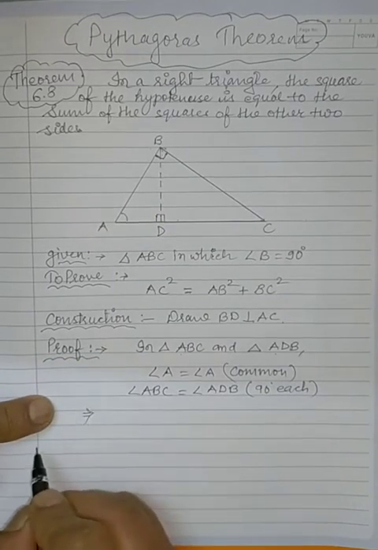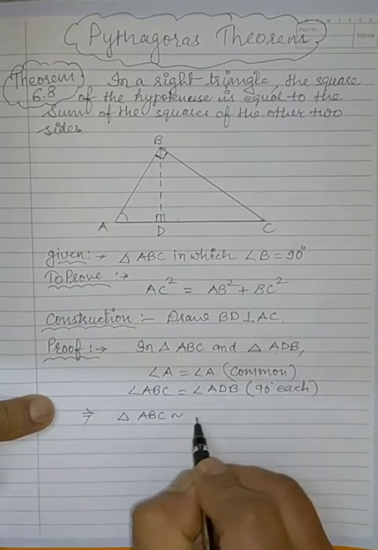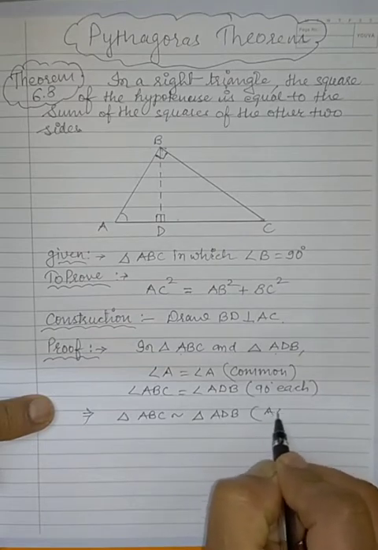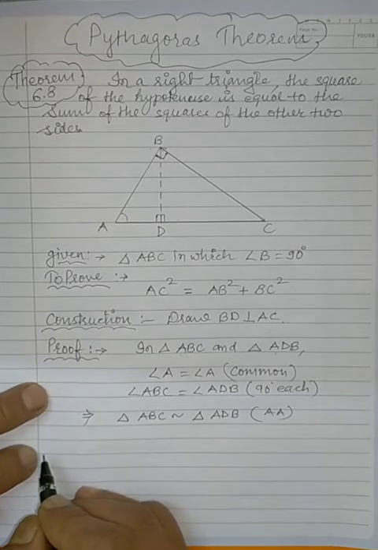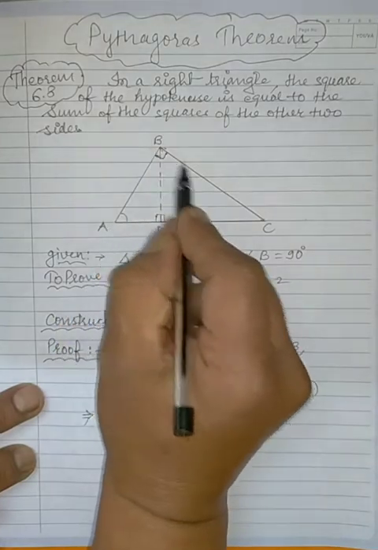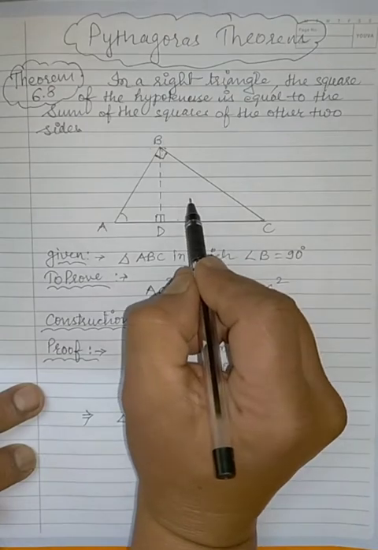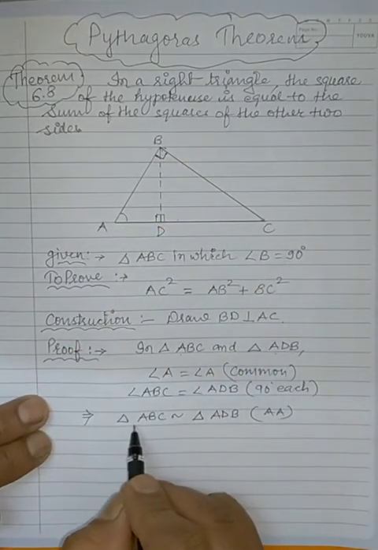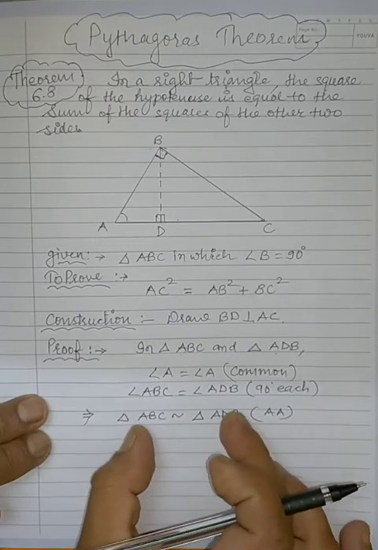That implies triangle ABC is similar to triangle ADB by angle criteria. Okay, so you can see here I have proved that this triangle is similar to the whole triangle. Similarly, we can prove this triangle is similar to the whole triangle. So first of all, these two triangles which we have proved similar, from this we will take the corresponding sides ratio.